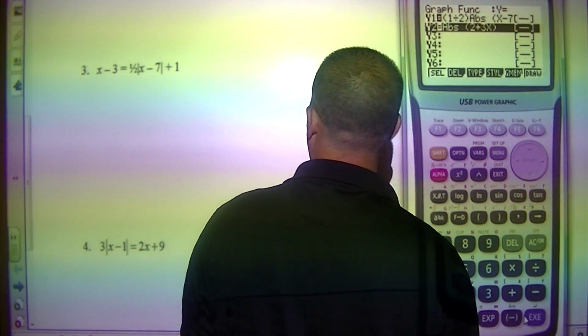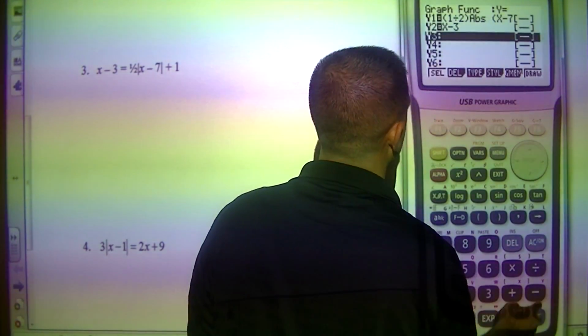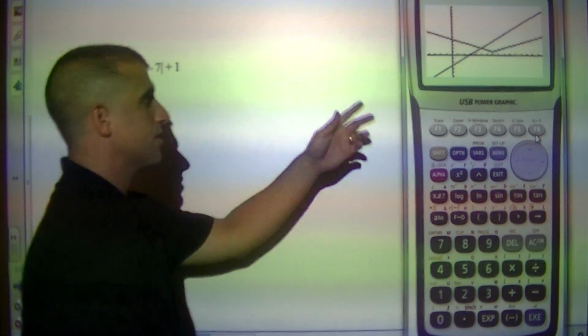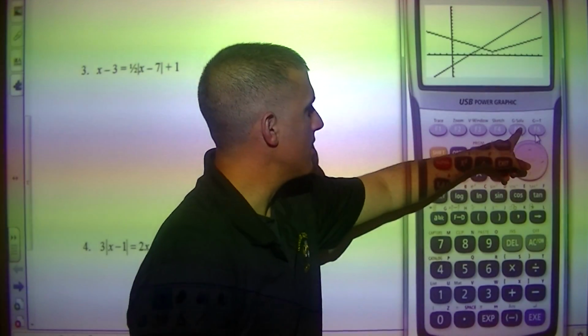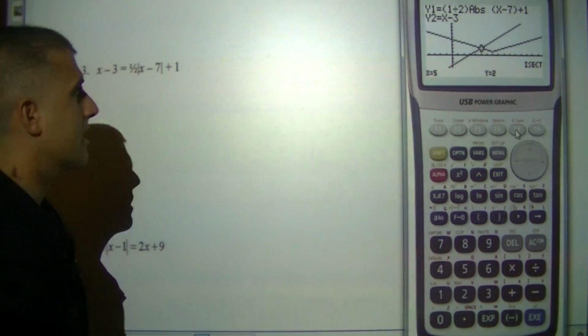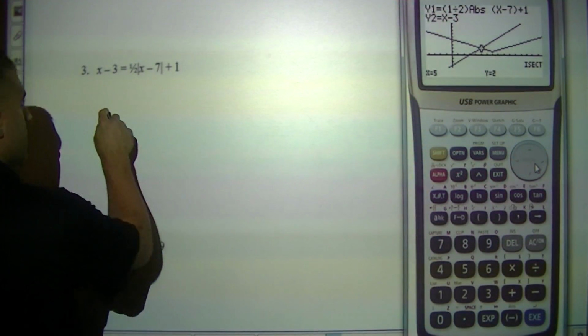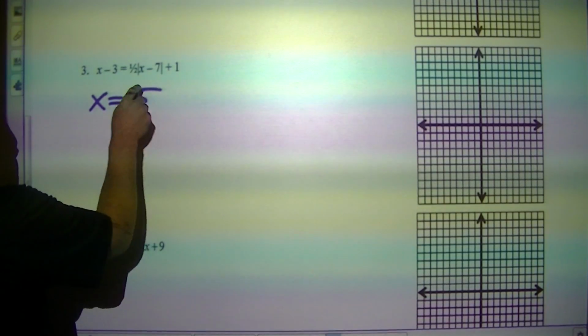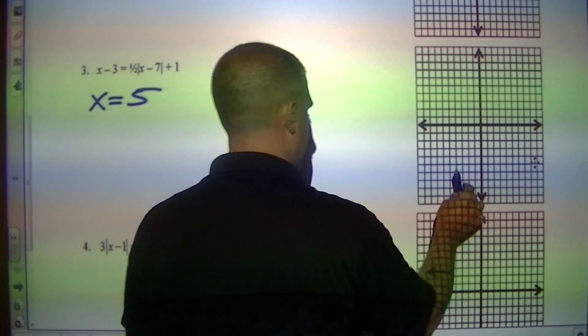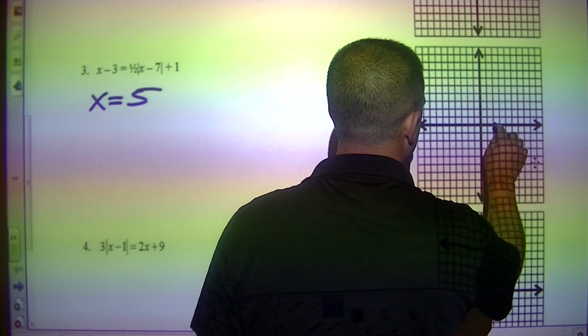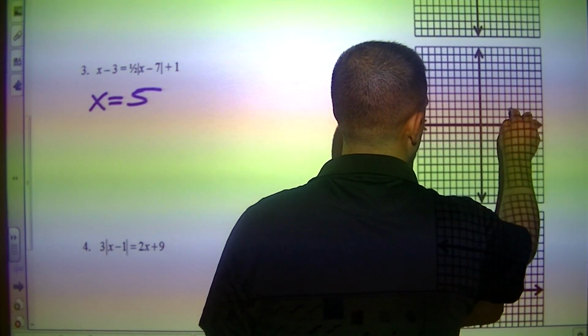On that other side, I got x minus 3, and I'm going to draw, and as you can see, I have an intersection. So I'm doing a G-solve intersect. I got 5, 2, so I got x equals 5, that's part of my answer. I'm going to do 5, 1, 2, 3, 4, 5, up 2.